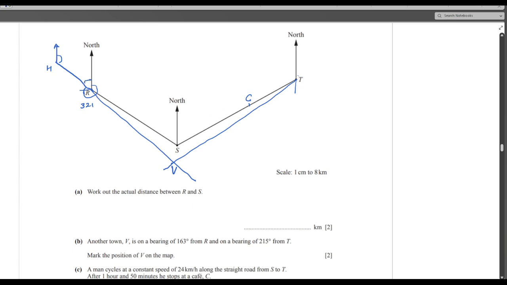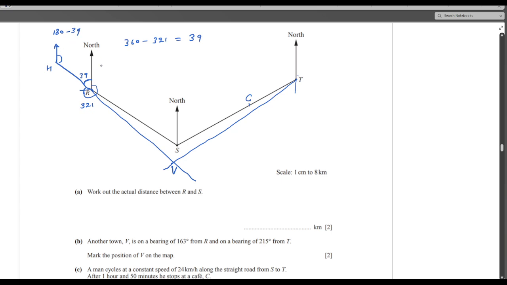We need to find out this angle. So 360 minus 321, you will get 39. So this angle is 39, and this angle is 180 minus 39.